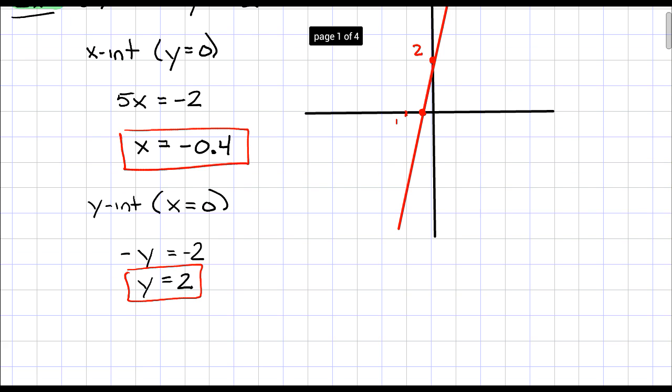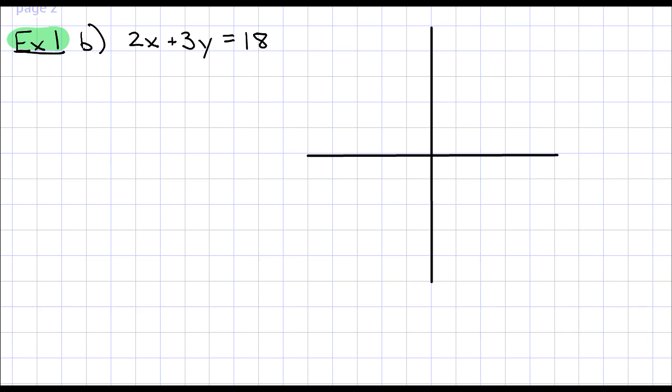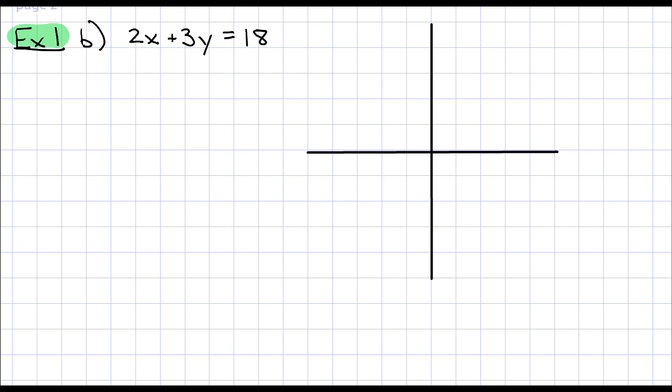Okay. In part B, the line we have is 2x plus 3y equals 18. This is a linear equation in 2 variables, so its graph will be a line. If we want to graph it, one way, probably the easiest way to do so, is to find the intercepts.